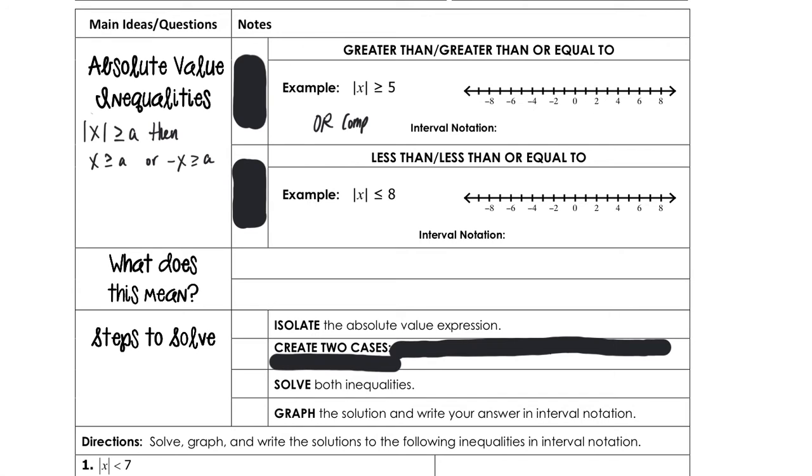So why are they compound inequalities? Because when doing absolute value, we've talked about this a bunch of times, absolute value creates two equations.